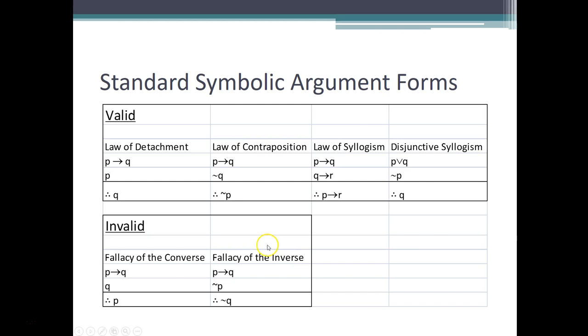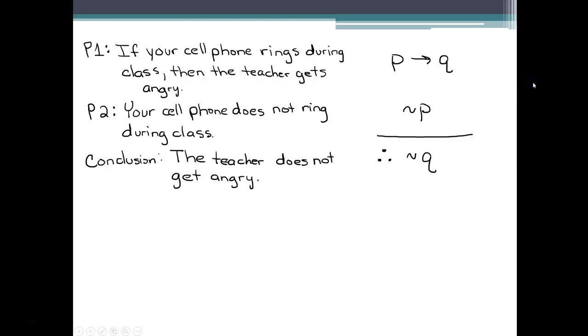We have a classic fallacy of the inverse. This is an invalid argument. If you go ahead and set up a truth table and say if P then Q and not P, and then do the conditional arrow to the not Q, you're going to find your final column is not all true. So you have your fallacy of the inverse.